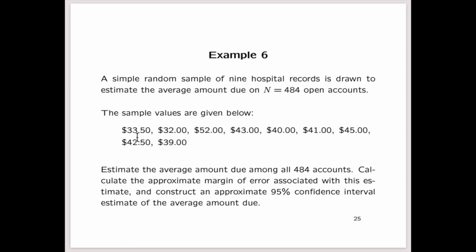We've got 9 sample values, so little n, the sample size, is 9. What we want to do is use this data to estimate the average amount due among all 484 accounts, calculate the approximate margin of error associated with this estimate, and construct an approximate 95% confidence interval estimate for the average amount due.